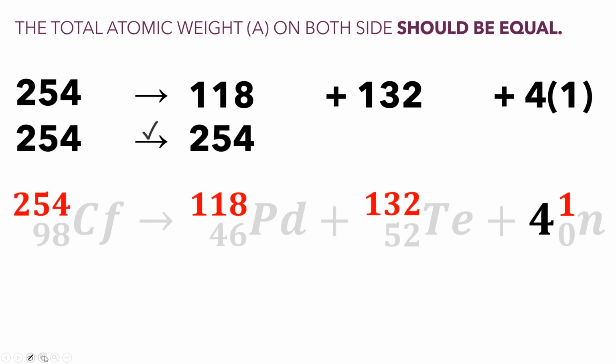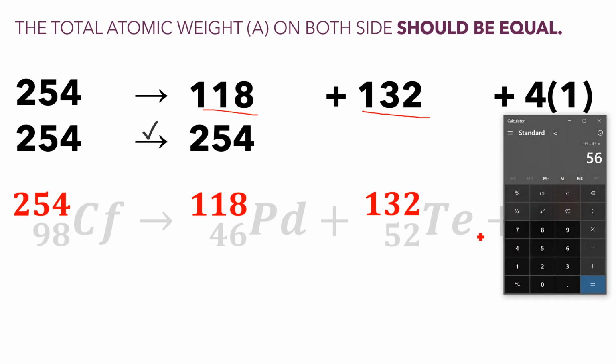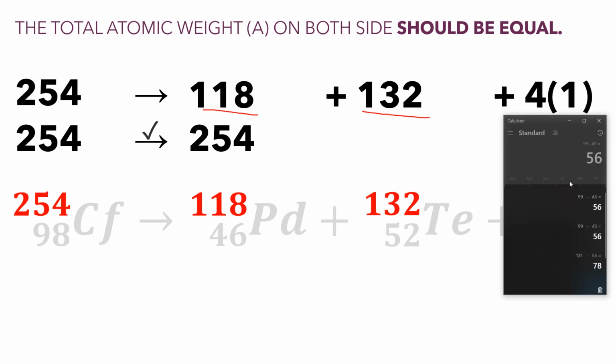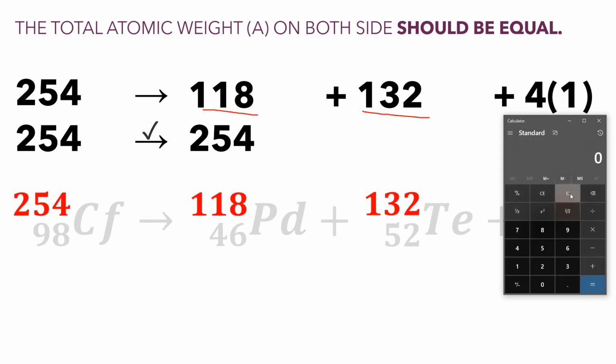So in this part, pag pinag-add natin yung 118 plus 122 plus 4 times 1, because meron tayong coefficient na 4, dapat ang sagot mo dyan ay 254. So let's try to do that. That's 254. I'm sorry, 118 plus 122 plus 4. Yeah, that's 254, right? Okay.